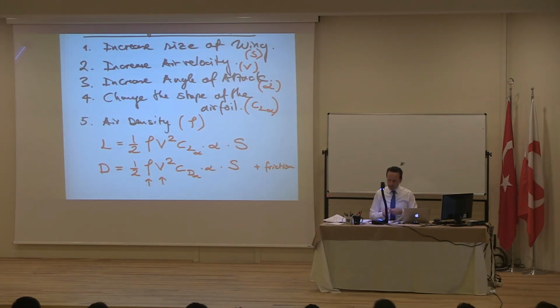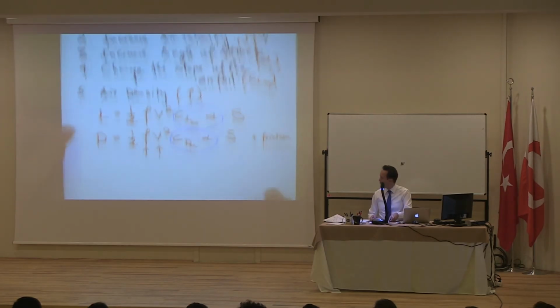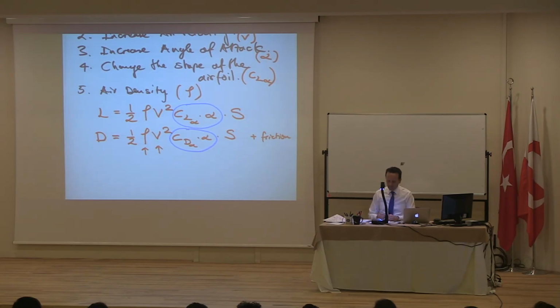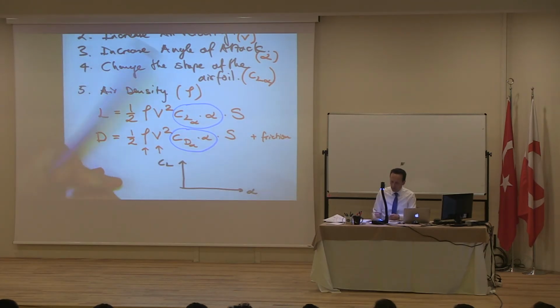Okay? Now, I have written this one here. What they mean is this. CL alpha, we can plot a curve, CL versus alpha for an airfoil.